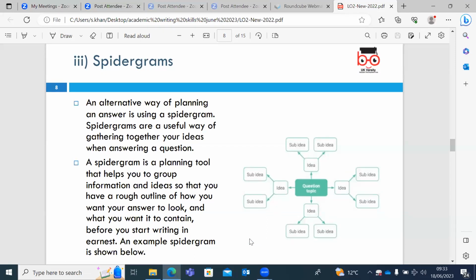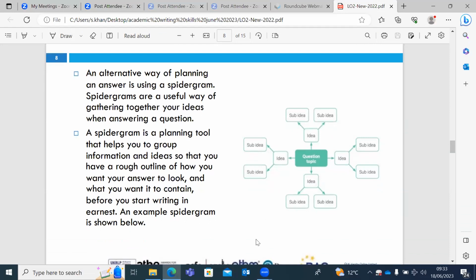A spidergram is a planning tool that helps you to group information and ideas so that you have a rough outline of how you want your answer to look, and what you want it to contain before you start writing in earnest. An example of a spidergram is shown on the side.